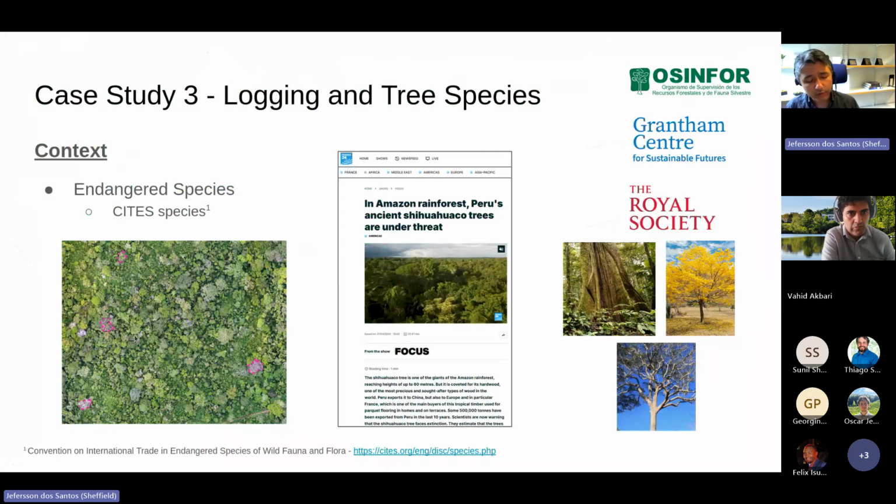An important aspect of this project is that we need to identify where the trees have been removed, but also there is a challenge to monitor which species they removed, because some species are forbidden to be removed because they are endangered.